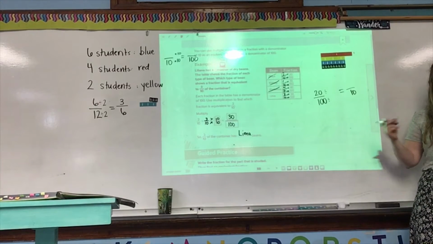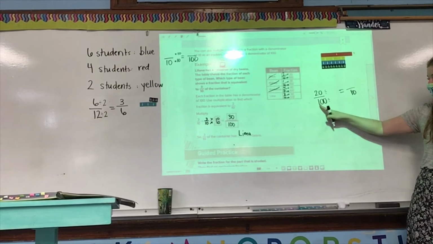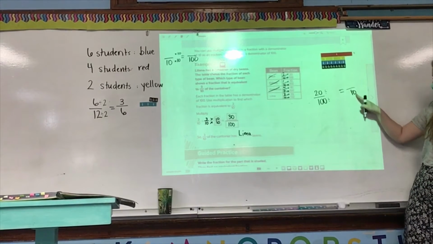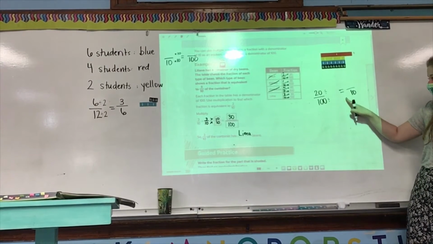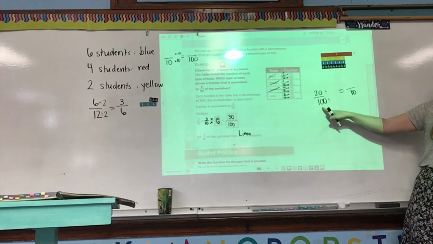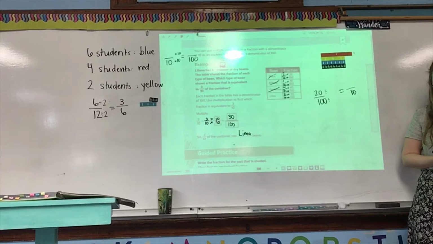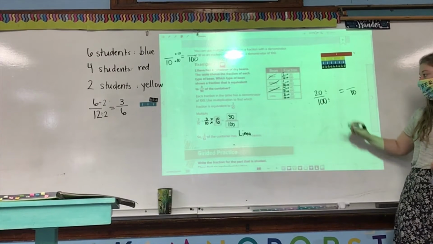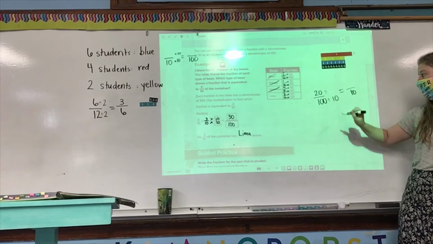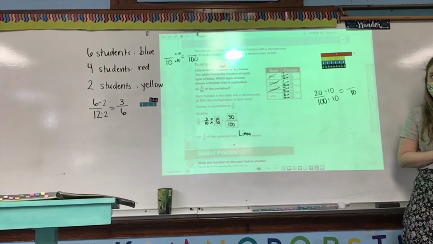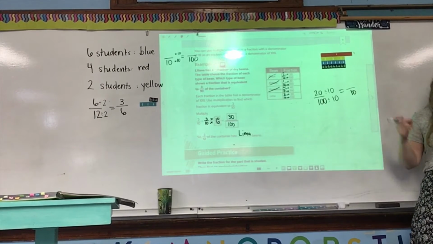Blank divided by blank equals blank. Blank times blank equals blank. It's backwards. Cullen. 100 divided by 10 and 20 divided by 10. Divide by 10. Come on, it's a basic fact.